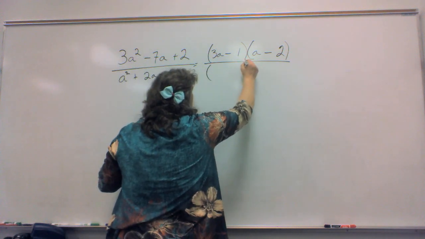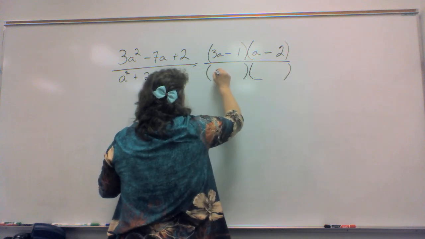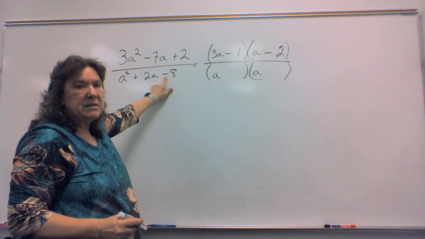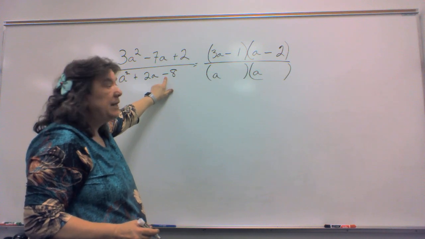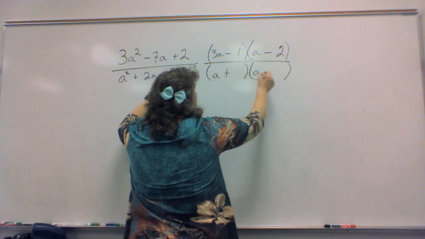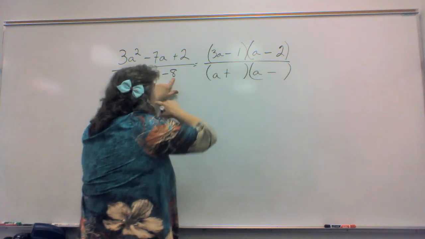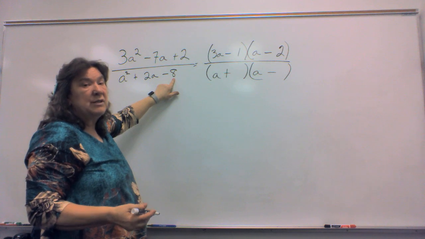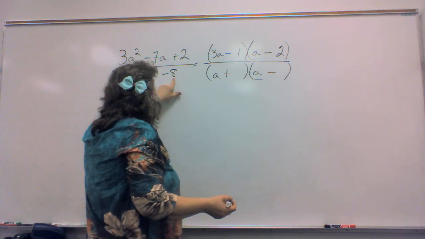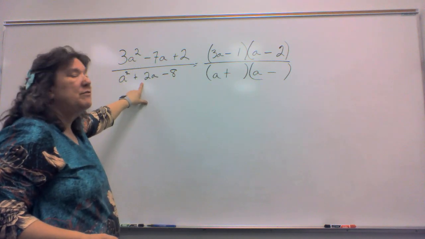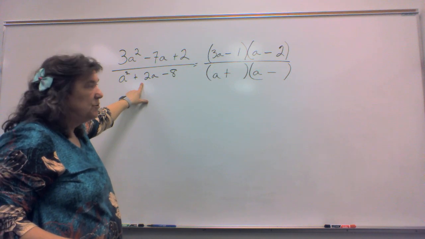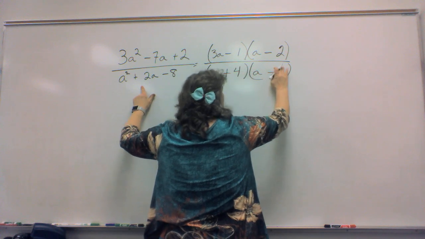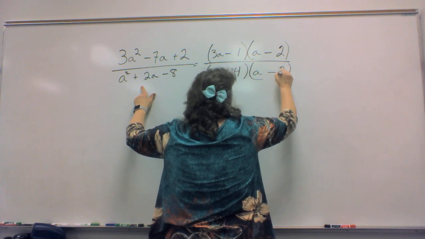The denominator has a times a. This one is a negative before your 8, so you're going to have a plus and a minus. 8 only has 1 times 8, which won't give you a 2. So you're going to have to use 2 times 4. The 4 is going to have to be positive because my 2a is positive. So this will have to be 4, and this one will have to be 2.